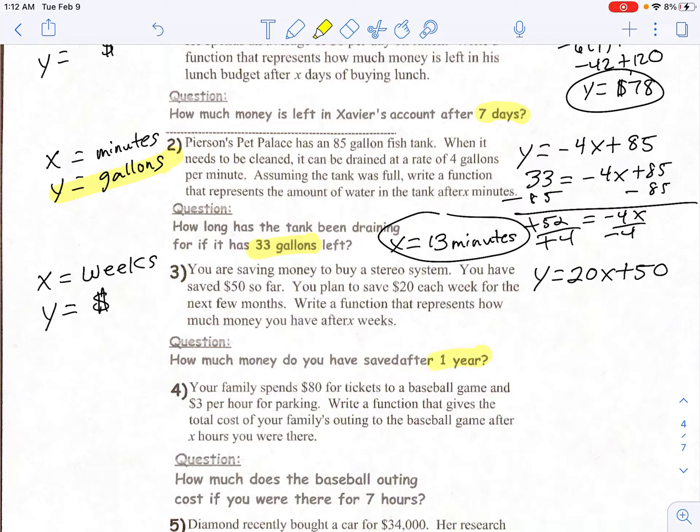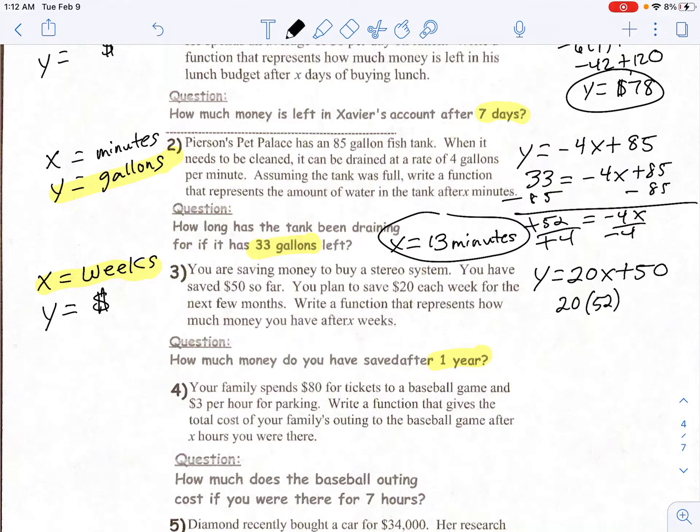This is 1 year. If you look at your labels, you don't have a label that's a year, but you do have a label that is associated with years, in weeks. So you need to know how many weeks are in a year. Roughly about 52 weeks total are in a year, and you can Google it if you want.